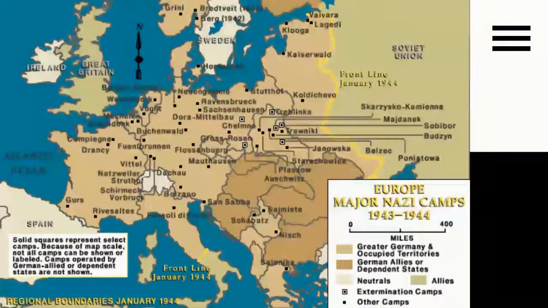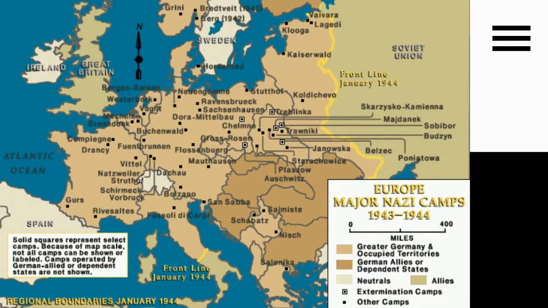First things first, do pay attention to the key because it does give a lot of important information, such as the dates that are there, where German occupied territory is, German allies. And then on top of that, a couple of different types of concentration camps, including extermination camps.